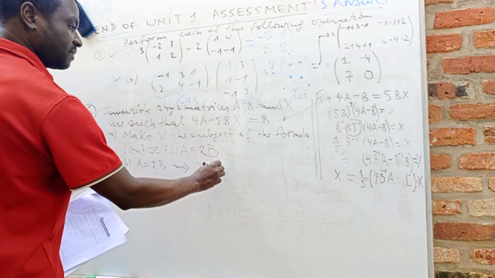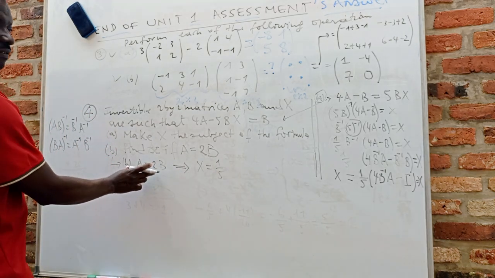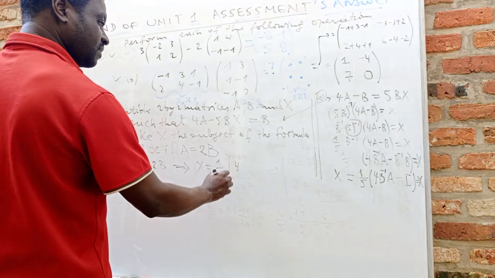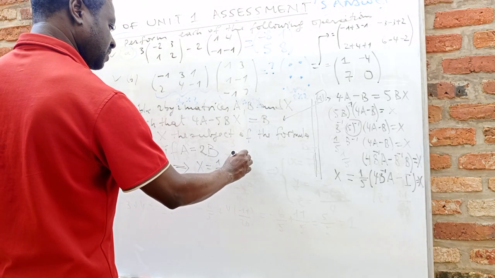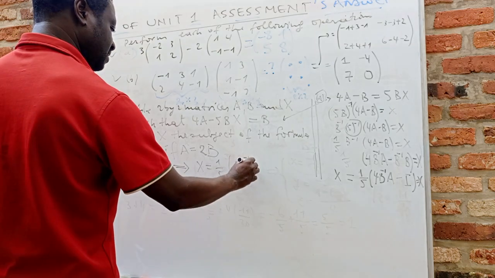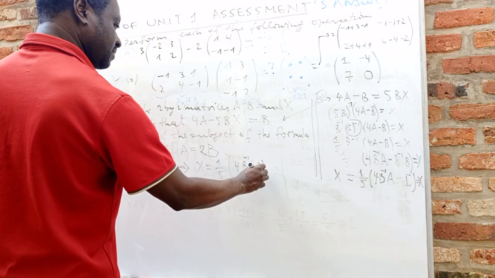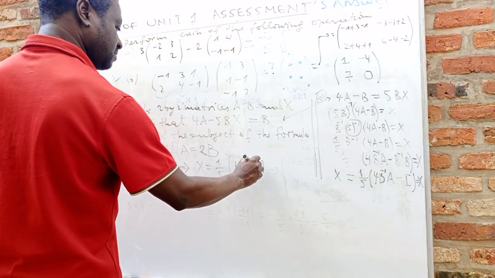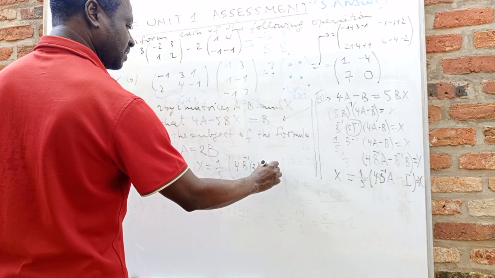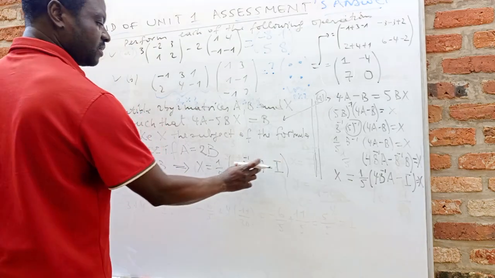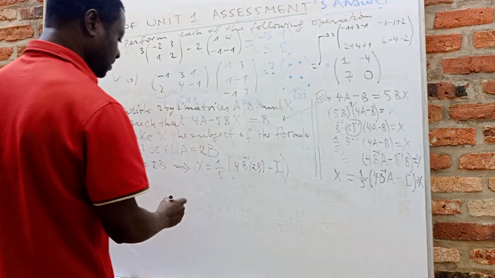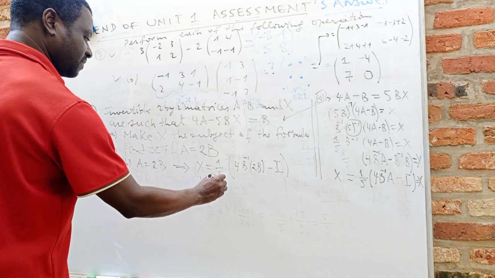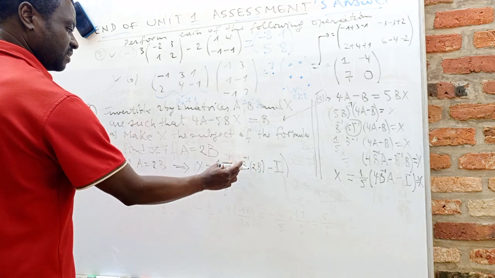So X is 1 over 5 times, whenever we have A, we substitute twice B: 4 times the inverse of B times twice B, minus the identity matrix of the same order as this matrix, that is X, which is actually equal to 1 over 5 times that.